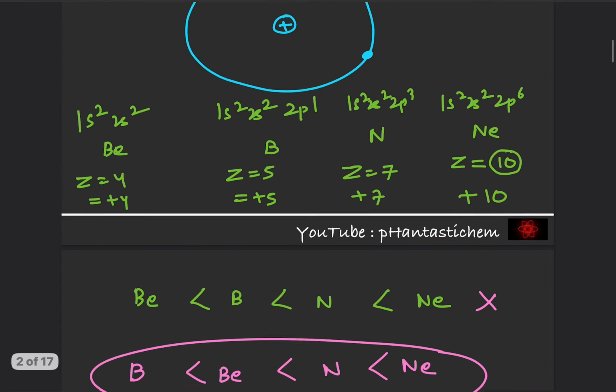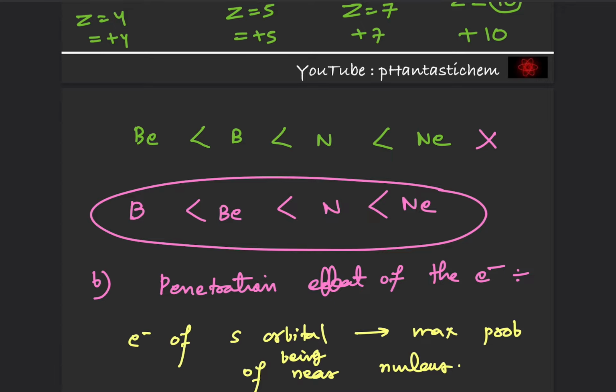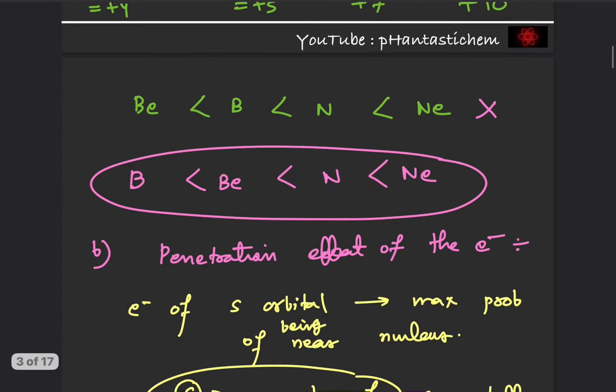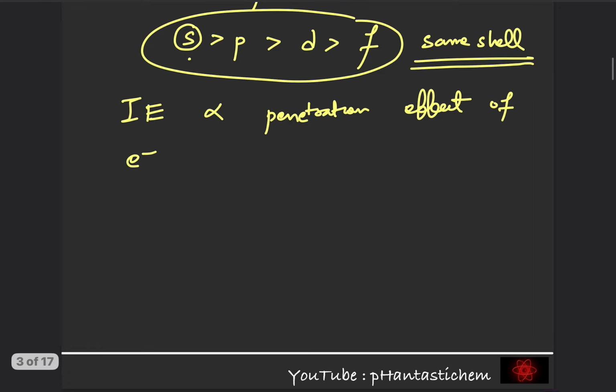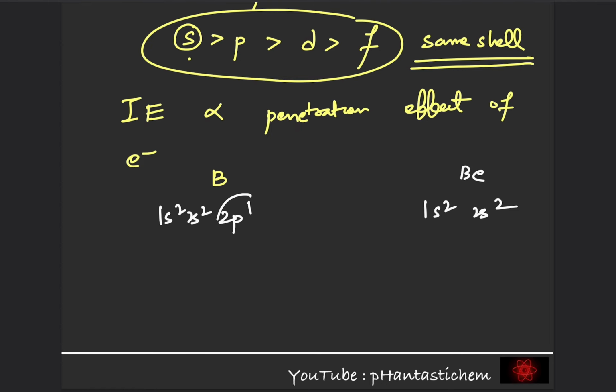Okay, so now you will understand why there is an anomaly in this order. If we look at the configuration of boron, it is 1s2, 2s2, 2p1, and beryllium's configuration is 1s2, 2s2, right? So here we are knocking an electron out from the p orbital. Can you see? From p, and p has less penetration, so it is easier to knock the electron out, so it has less ionization energy compared to beryllium.